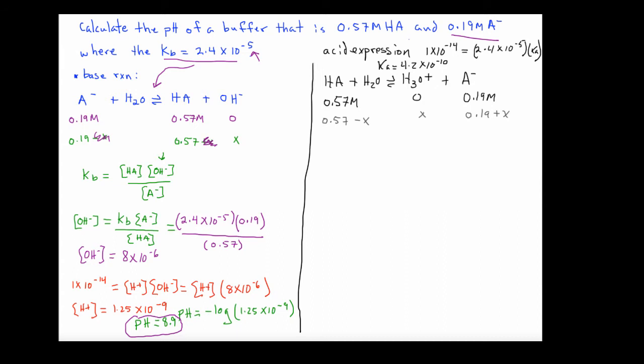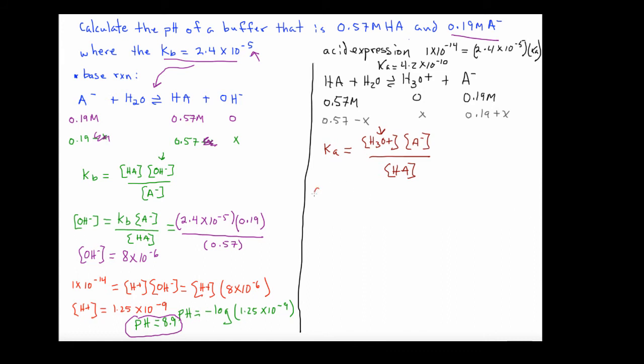Now, let's go ahead and solve for the Ka expression. I'm going to do it with no numbers first. So Ka is going to be equal to the concentration of H3O plus times the A minus divided by the HA. All right, now I'm going to do the same thing I did in the last problem. I'm going to go ahead and solve for the H3O plus.